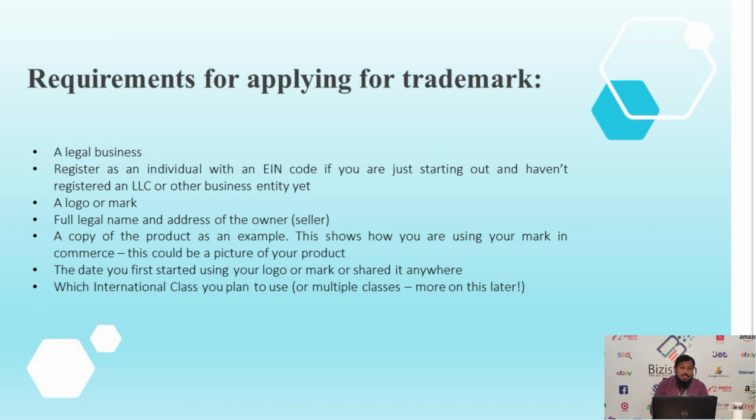But before that, let's talk about the requirements for applying for a trademark. The first requirement is a legal business. You should have a registered legal business in the USA if you want to register a trademark in the USA. Or if you don't have a registered business, then you can use your individual address to register a trademark.